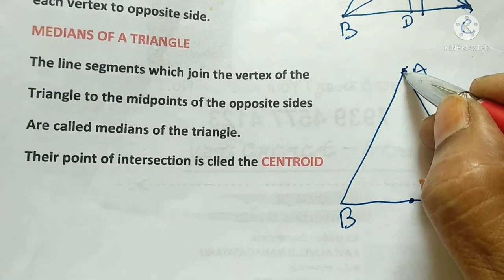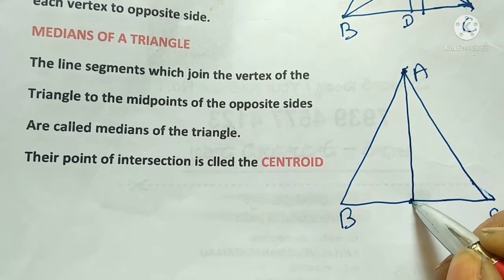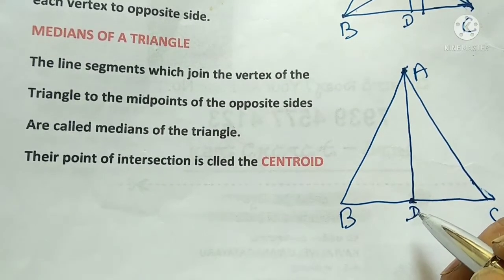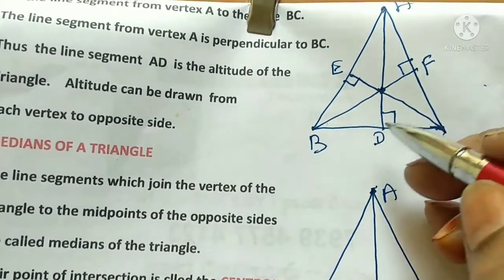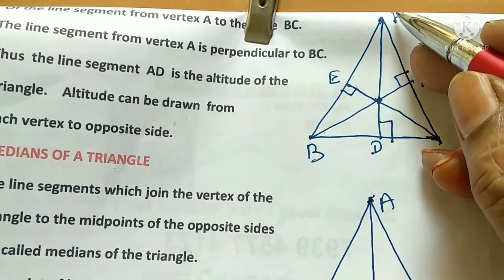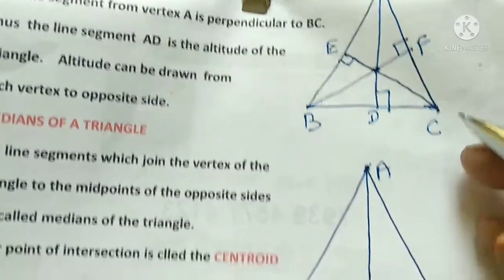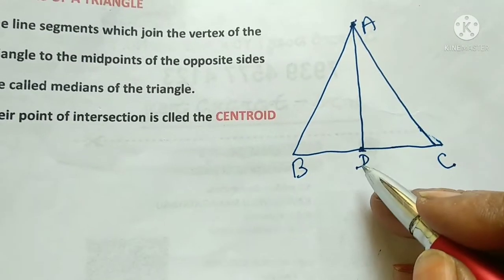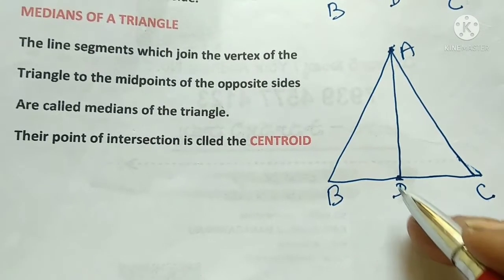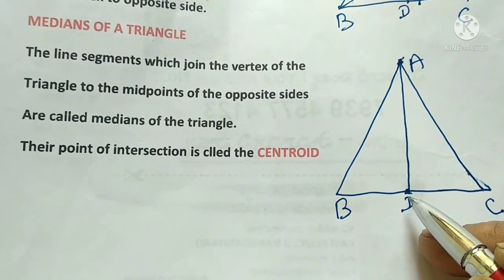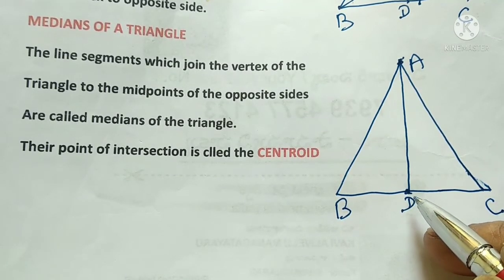Join A and the midpoint of BC, let us say this is D. Remember, in the earlier case, AD was perpendicular to BC. But here, AD is the median, means D is the midpoint.